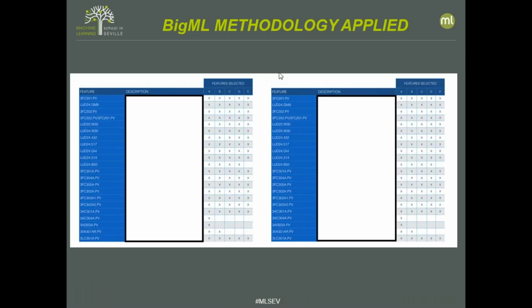This is part of the features selected during the stage of feature engineering. What can be seen here is a list of variables, all those multivariables that I mentioned during the process presentation that can have an effect on the process.